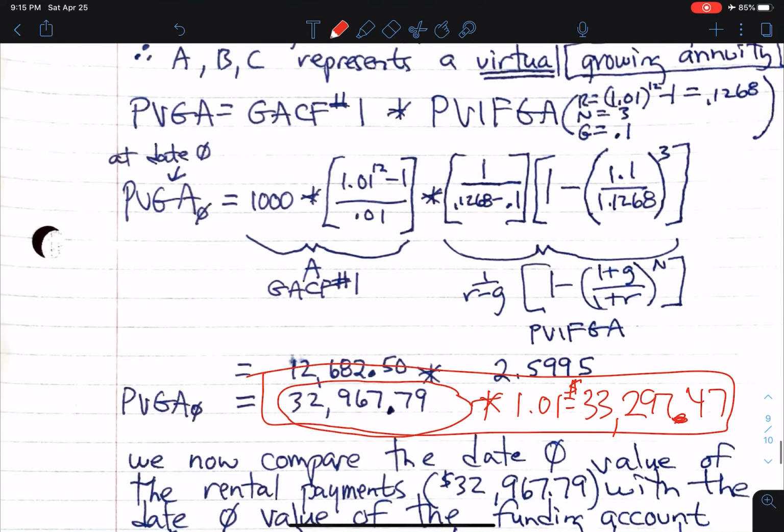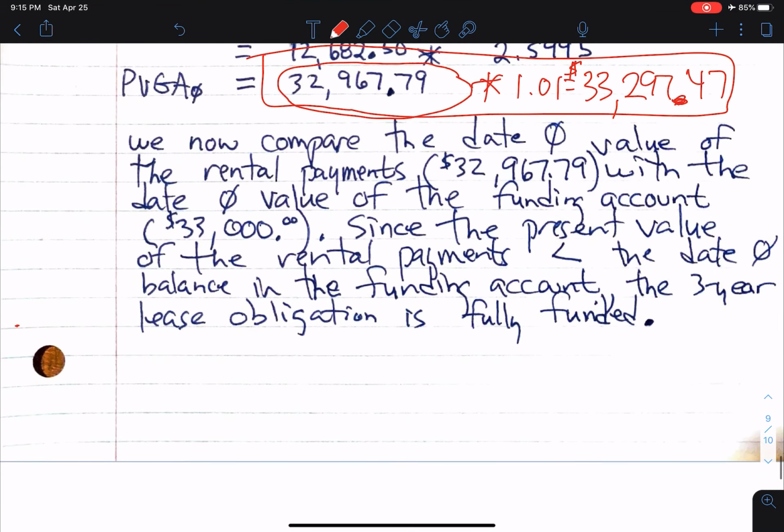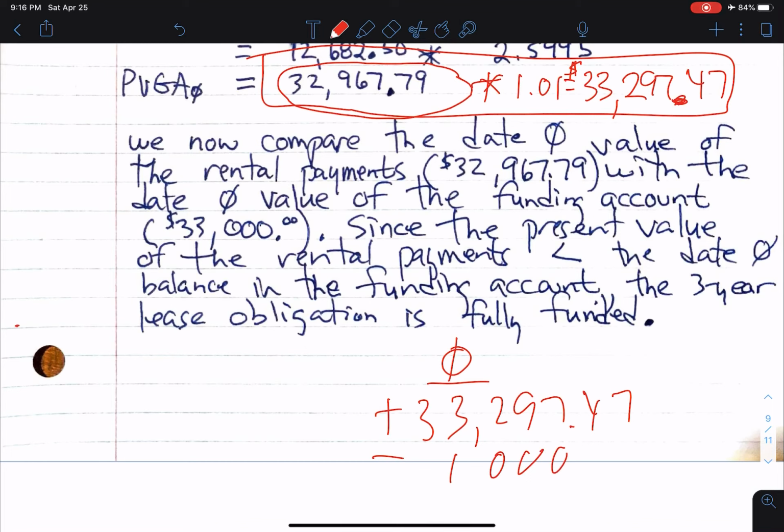If you think about it, because we have rent due also at date zero, we would put in $33,297.47, and the first month's rent is due then, so there's also an outflow of $1,000 at that date from the perspective of the account, because you have to pay that first month's rent at the beginning of the month.